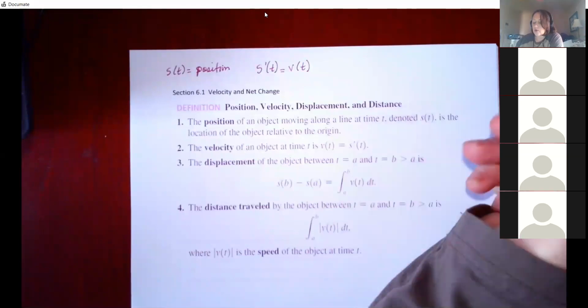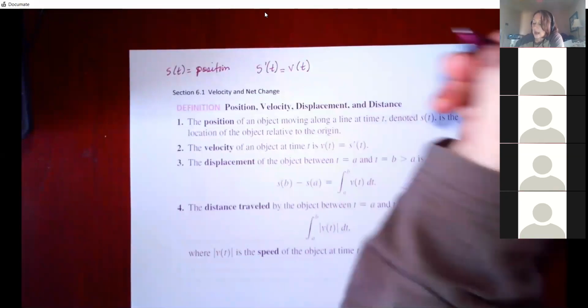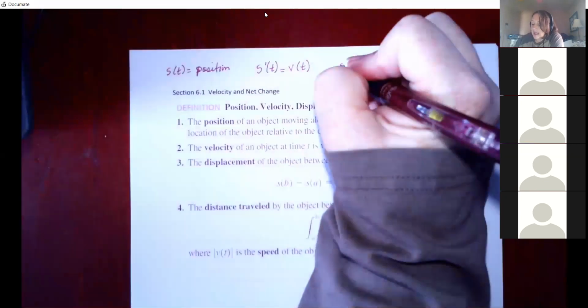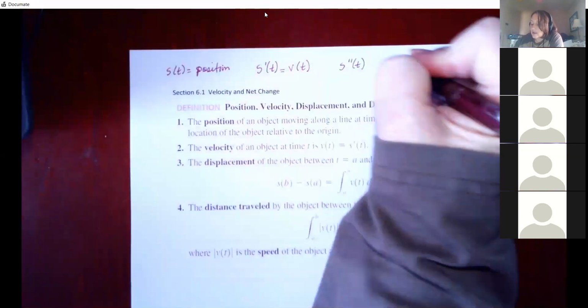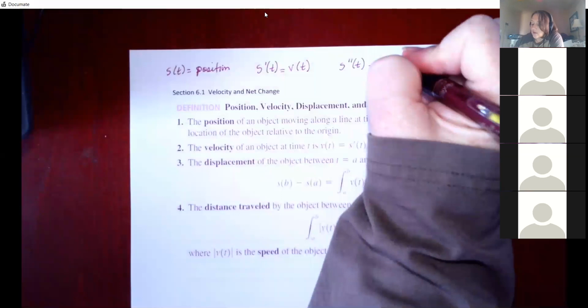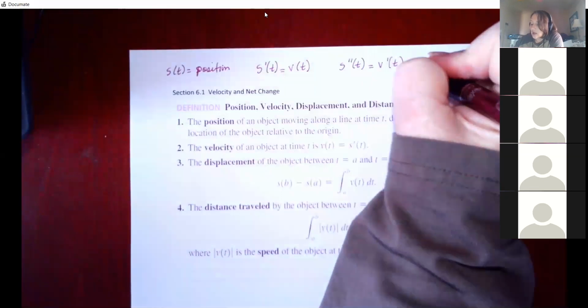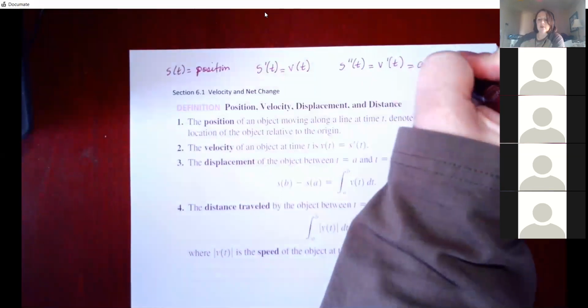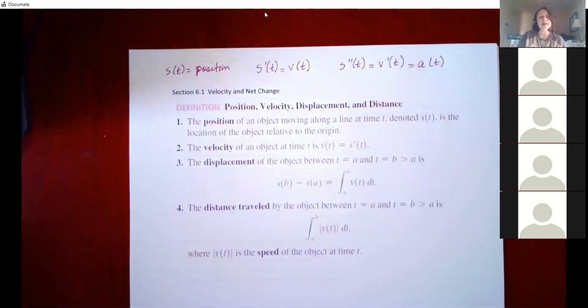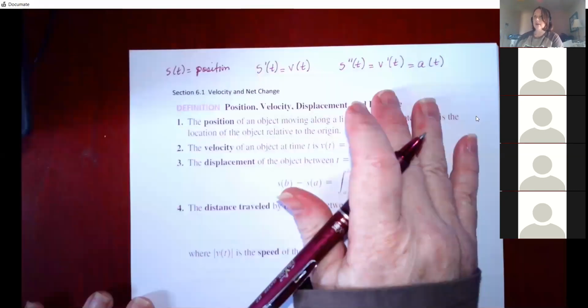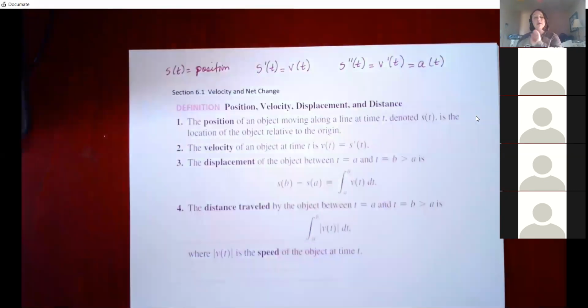Then if you took the second derivative of position, or in other words, the first derivative of velocity, we got the rate of change of velocity, which is acceleration.